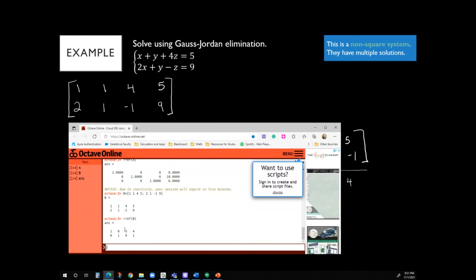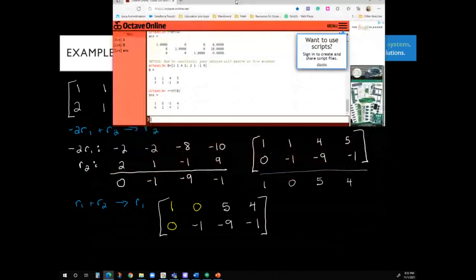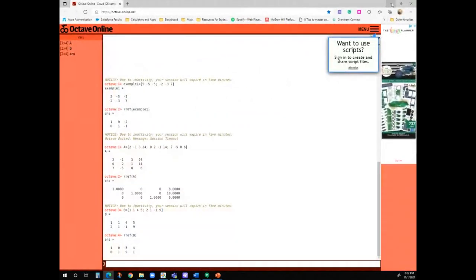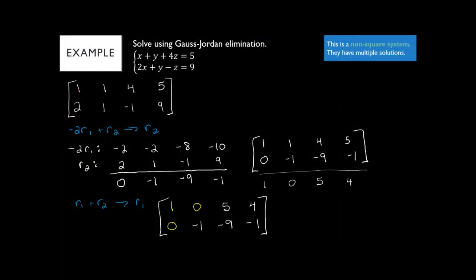But did I make a sign error? Because it's like, wait a minute, those signs are opposite. Yes, I did make a sign error. Okay, this is why we check our answers. 4 minus 9 is a negative 5. So that is a negative 5 right there.